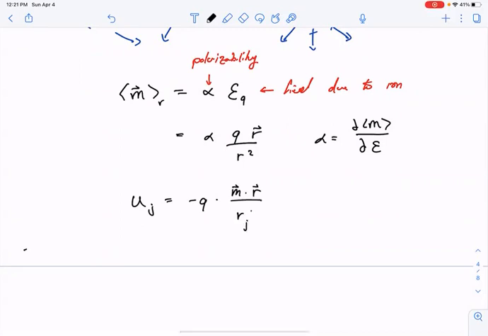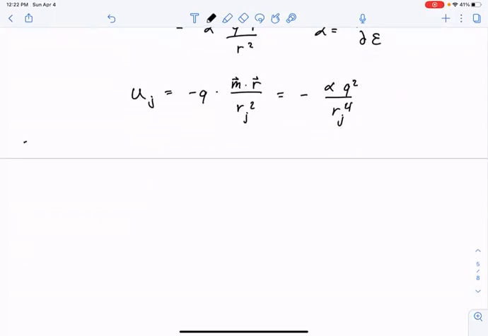It goes like Rj squared, that's the potential at J. The size of the dipole that is generated due to that ion, or due to the electron, that charge, goes like alpha Q squared, another factor of R, so that's Rj to the 4th. Integrating over all space, so computing the whole energy stored in the dipole field, will give us some delta U.